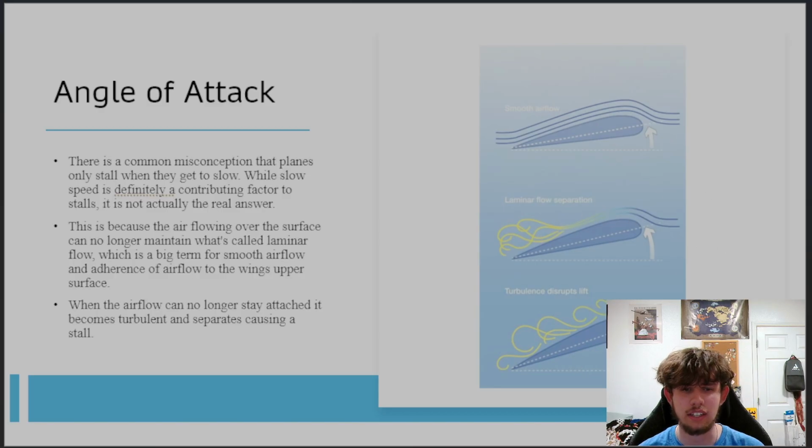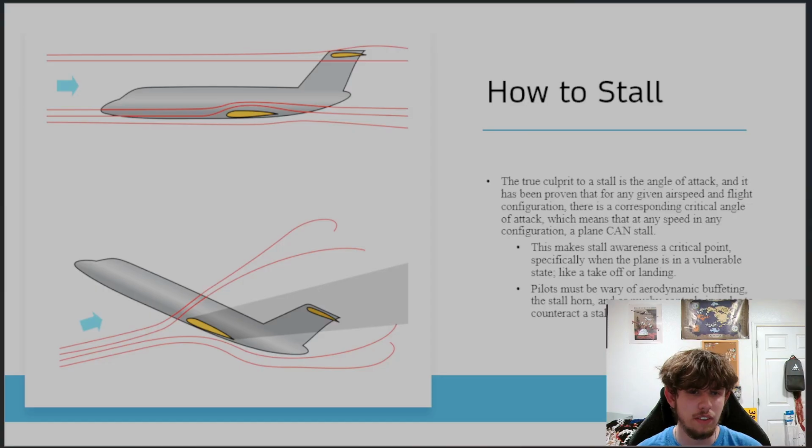Or if you increase angle of attack even further, the angle of attack is so high that the relative wind cannot form a smooth path over the top of the wing, and it becomes turbulent all the way down, and that is a complete and total loss of lift in that situation. The wing is no longer generating enough lift to keep the plane in the air, which is what we call a stall.